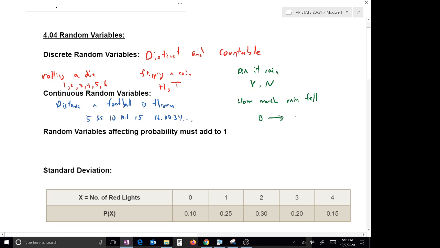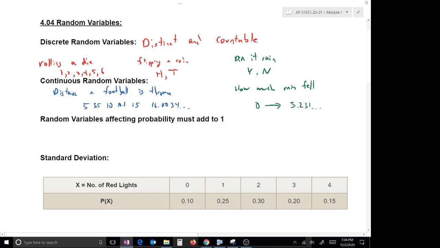We could have 0, we could have 5.231, etc. It's a continuous list.